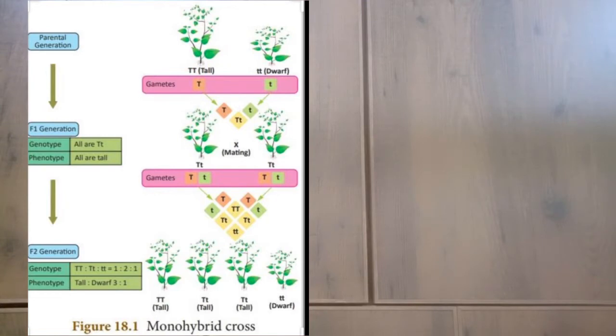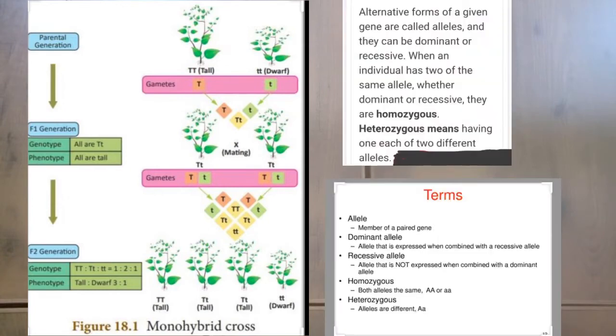Now coming to the explanation of this, we need to understand that when we see 2 alleles that are the same of a particular gene, for example capital T, capital T, such a condition is known as homozygous. Similarly, if small t and small t come together, it is also known as homozygous.